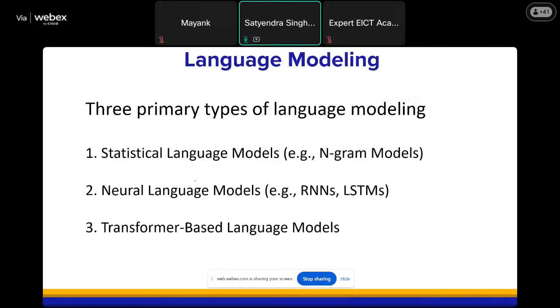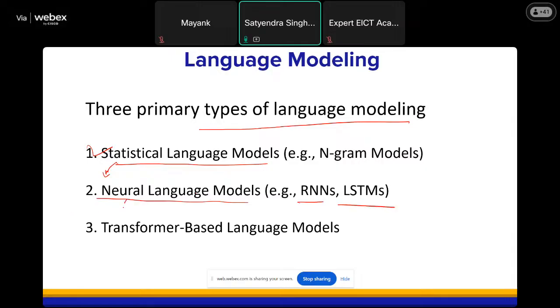So in language modeling, there are primarily three types of language models. Statistical language models, where you use n-gram based approaches to create the language models. Later on, researchers proposed neural language models, where you use variants of neural networks like RNN and their variants like LSTM and GRU.